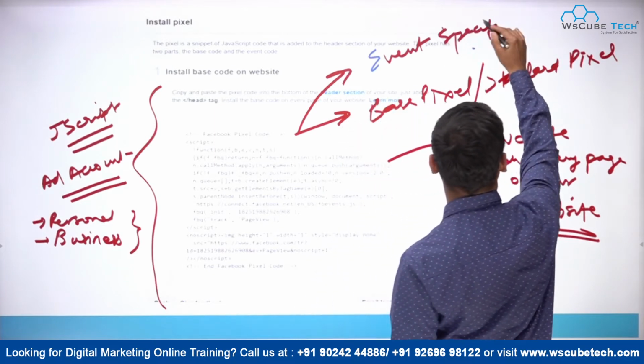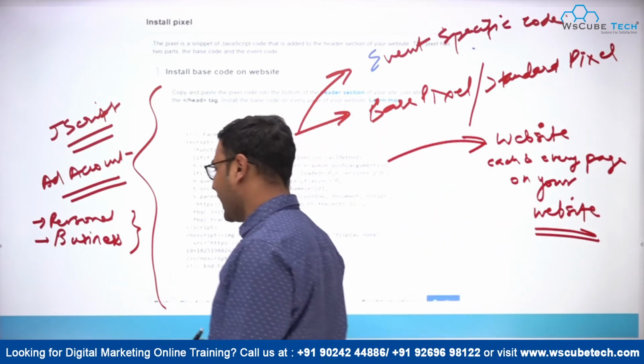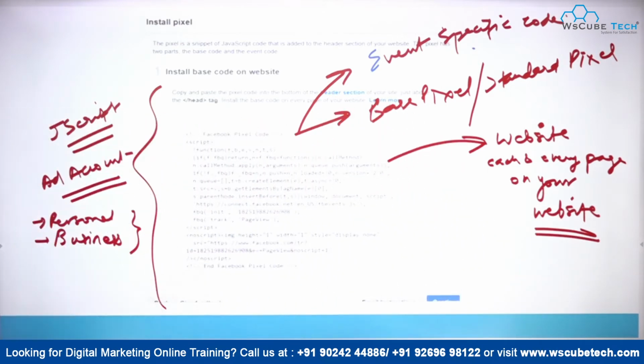Now, first of all, what we have to do is implement or paste this Facebook Pixel base code on our website, and we have to fire this code on each and every page of our website, right? So we have to implement this base pixel code on each and every page of our website. This is what we have to do, right?